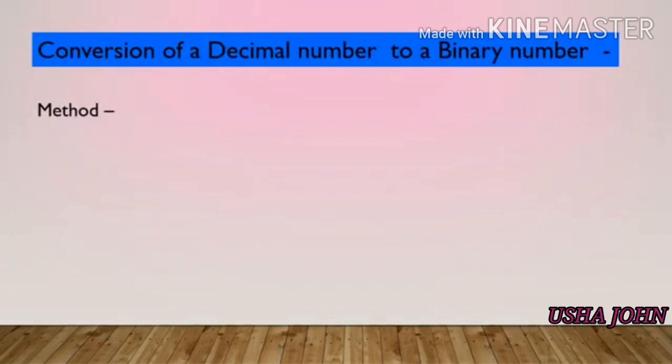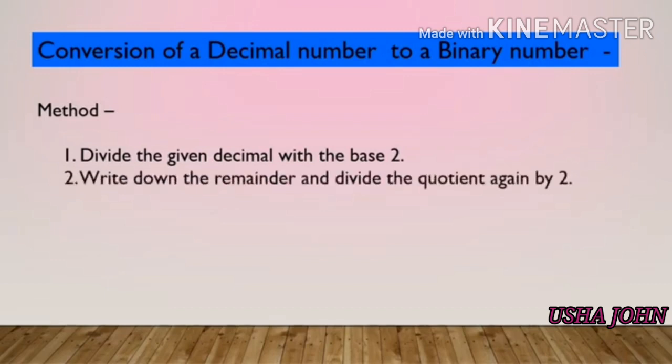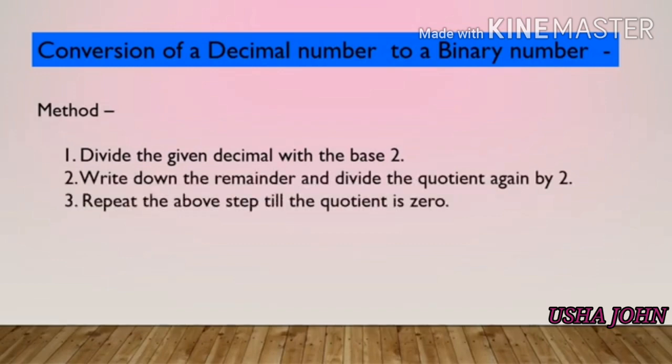Let's start the conversion of a decimal number to a binary number. Method: how do we convert a decimal number to a binary number? First, divide the given decimal number by the base 2. Write down the remainder and divide the quotient again by 2.